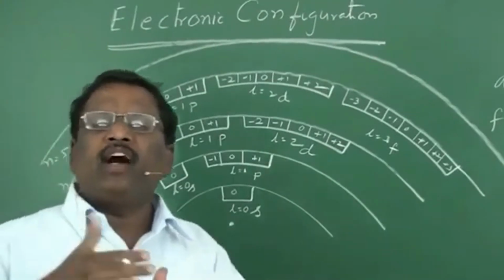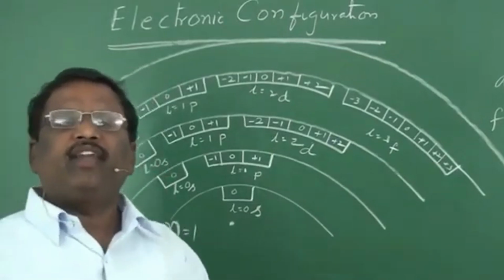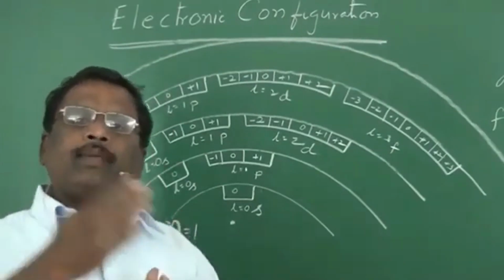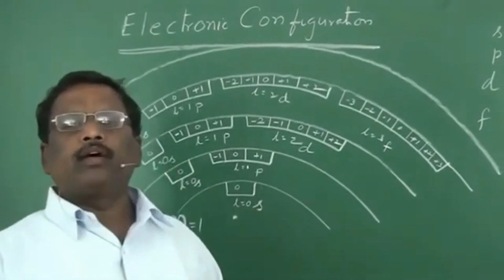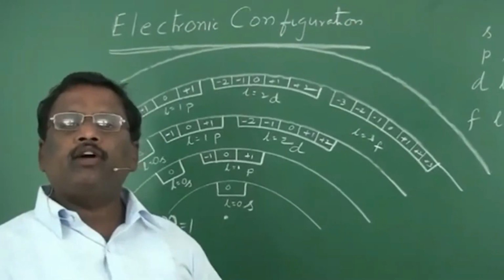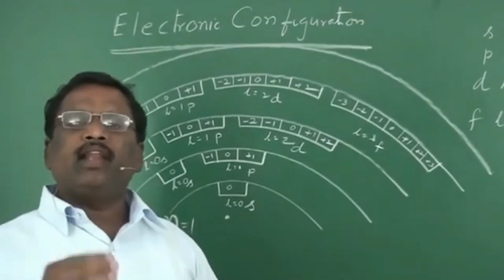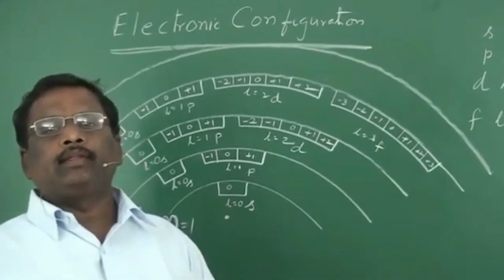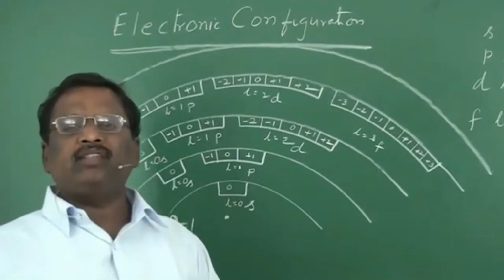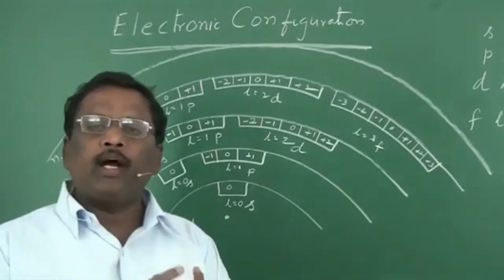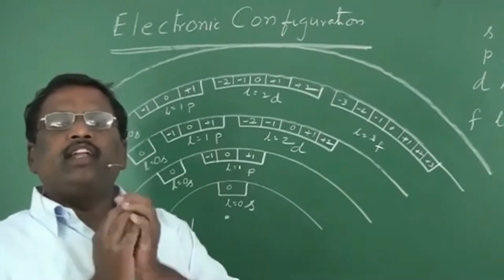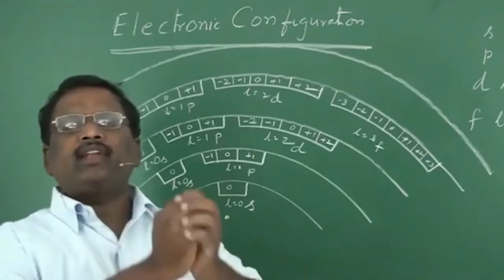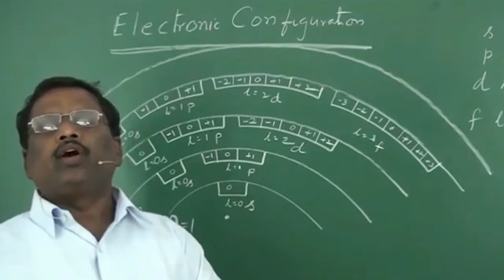The filling of electrons in different atomic orbitals, or the arrangement of electrons present in an atom in different atomic orbitals, is known as electronic configuration.